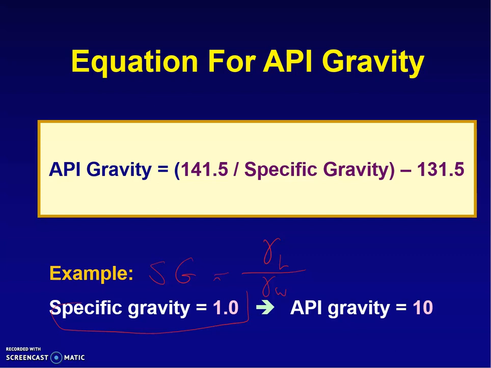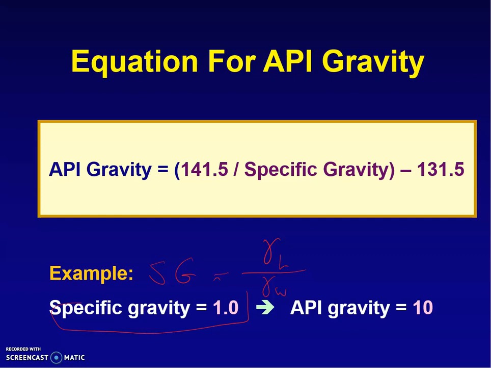Oil, depending on how it is, may be heavier or lighter. The heavier the oil, the higher the specific gravity, and the higher the specific gravity, the lower this ratio. And if the oil is very light, then you will have very high API values because the specific gravity is low.